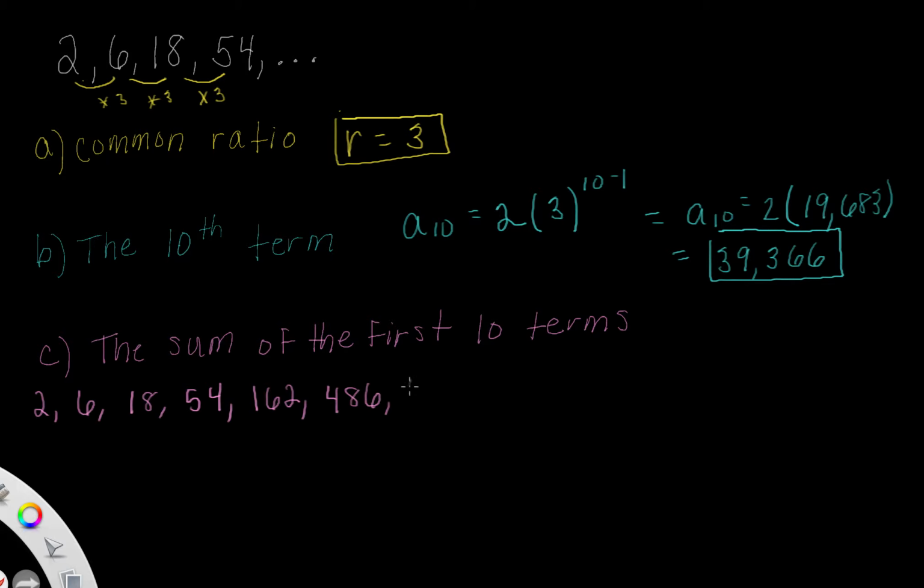Multiply that by 3, 1,458. Multiply that by 3, 4,374. Then 13,122. And then the 10th term would be 39,366. So you could write it all out, and then add them all up.